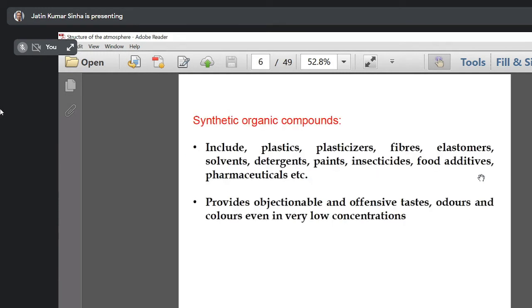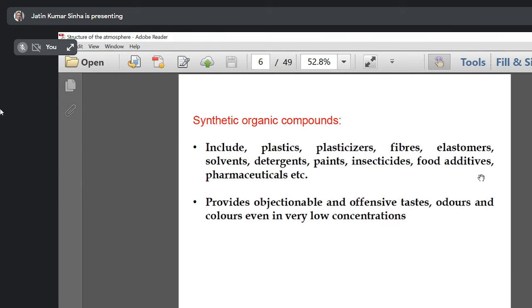Then the synthetic organic compounds. These come from all the industrial activities to fulfill our daily demands, for example, plastics, plasticizers, fibers, elastomers, solvents, detergents, and paints. These are all materials that we use almost on a daily basis, and they come under the synthetic organic compounds.